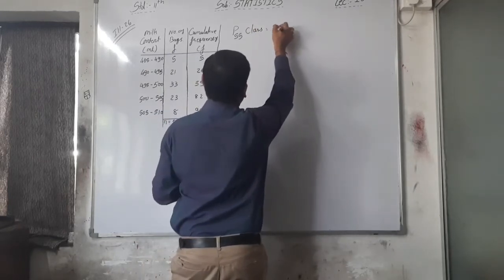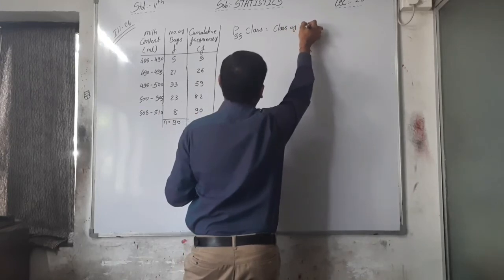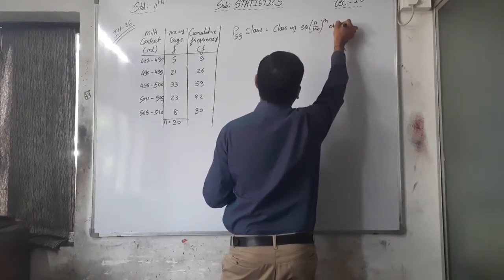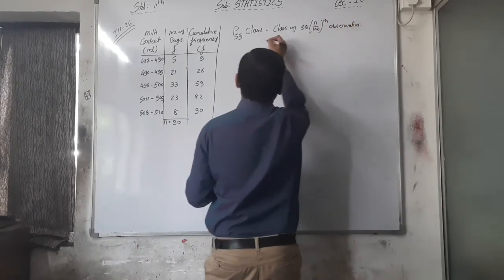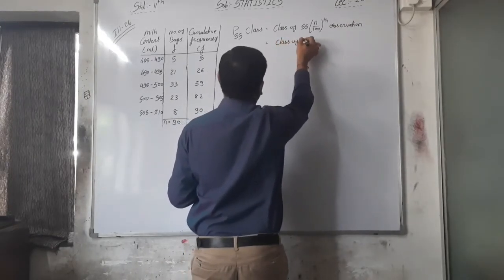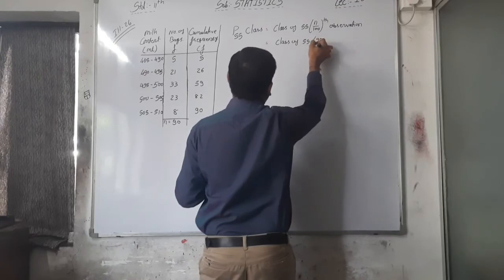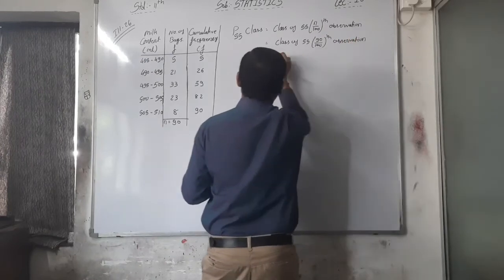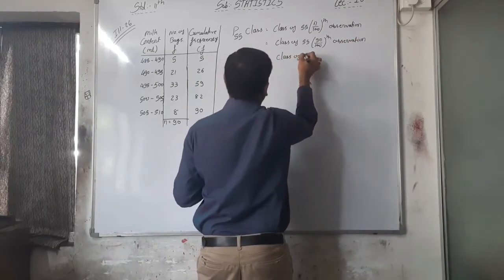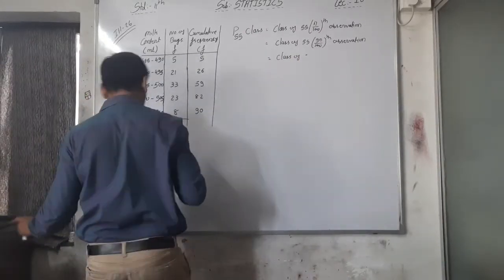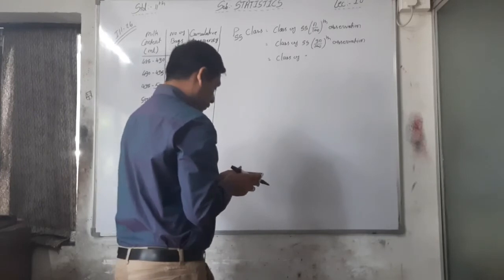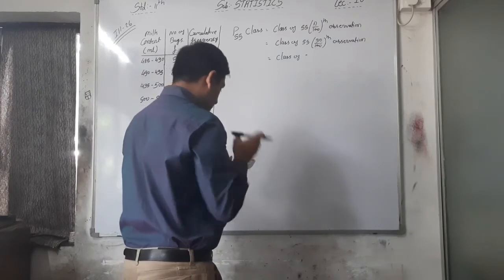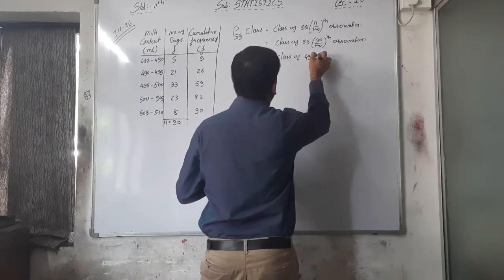P55 class is equal to class of 55 into bracket n by 100 observation, that is class of 55 into 90 by 100, that is the 49.5th observation.